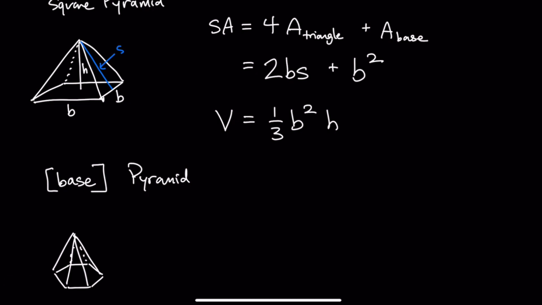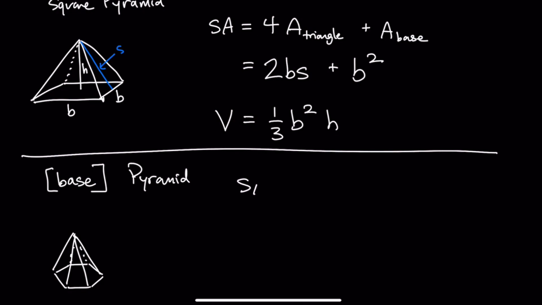Finding the surface area would be a similar process where we want the areas of the triangles times, in this case, since it's a hexagon, 6 triangles, plus the area of the base. And we're going to assume that we have the base.